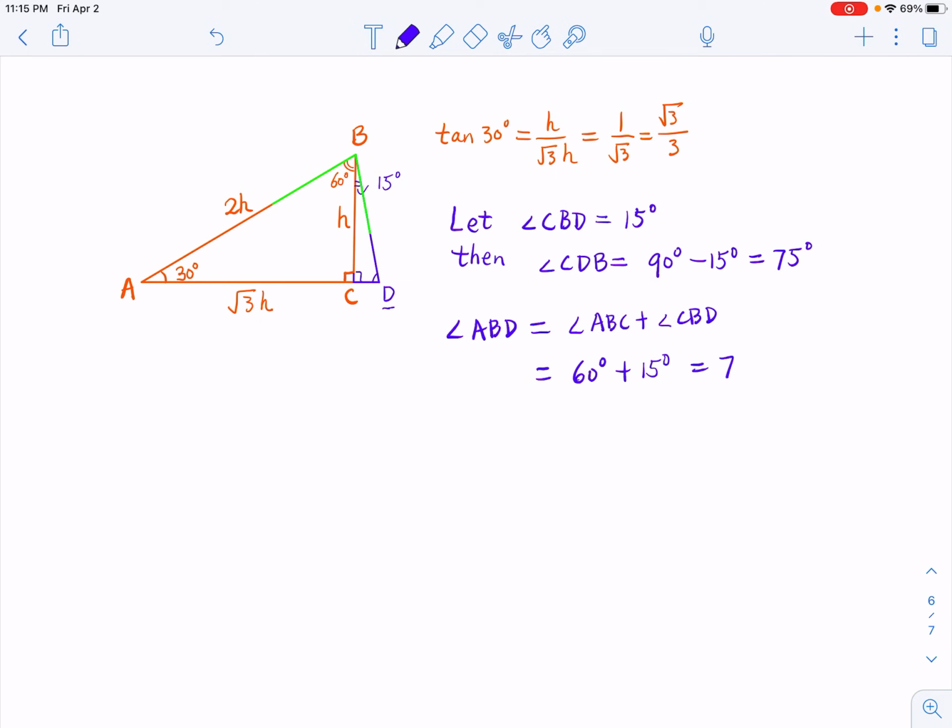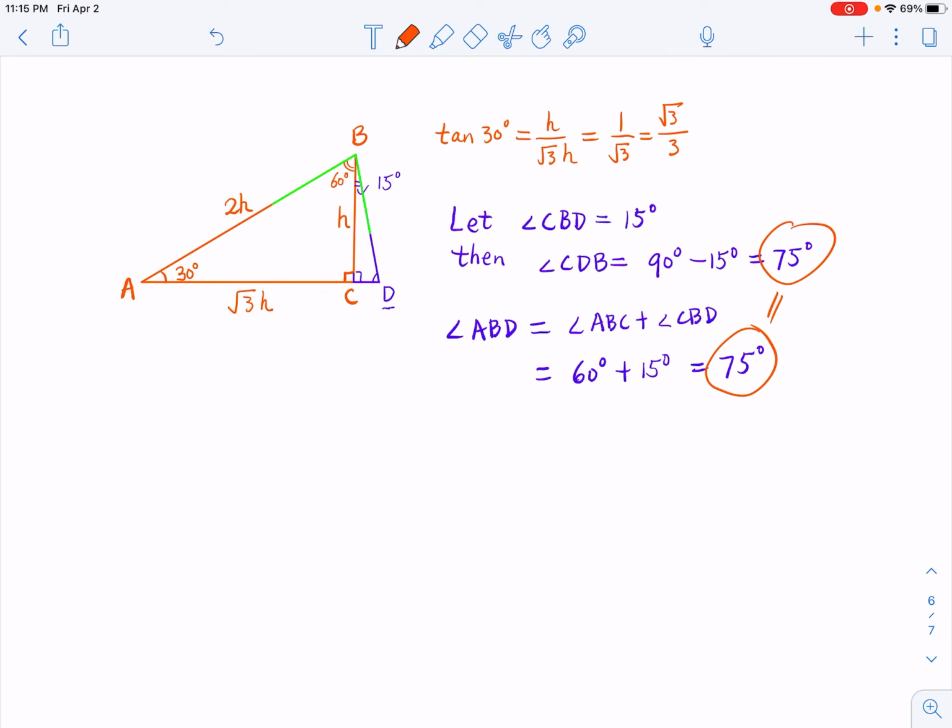So we got 75 degrees. Now, as we recall in geometry, if a triangle has two angles equal to each other, so let's look at this 75 degrees and 75 degrees, they equal each other.